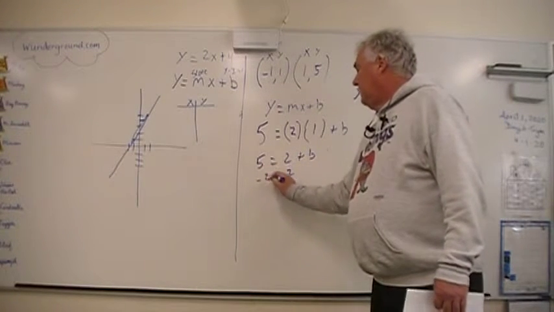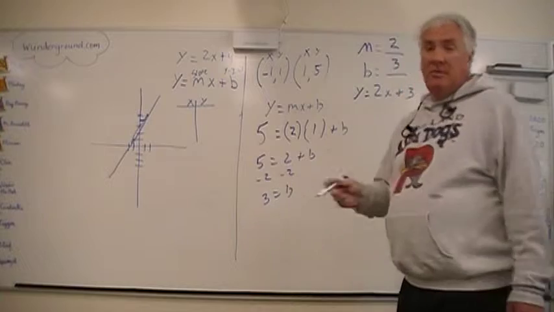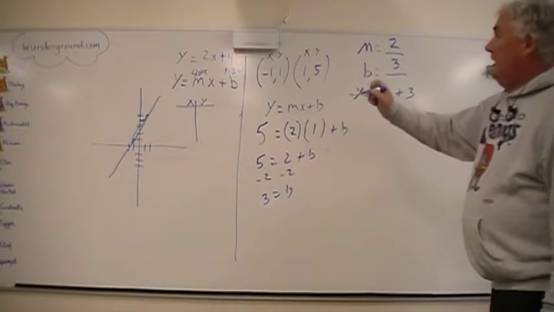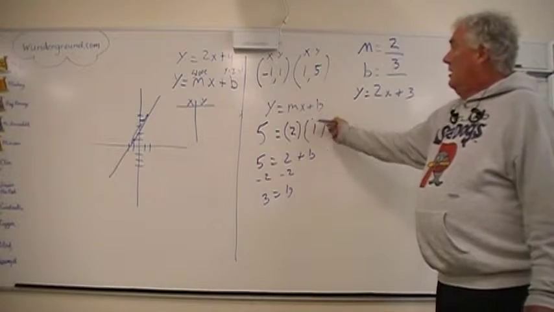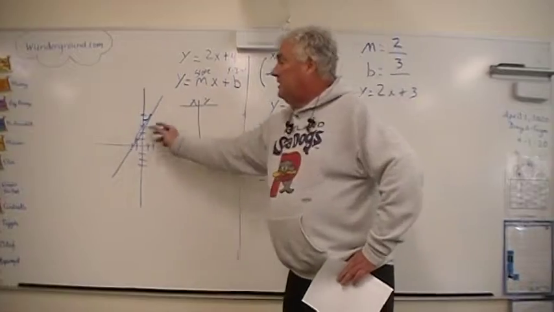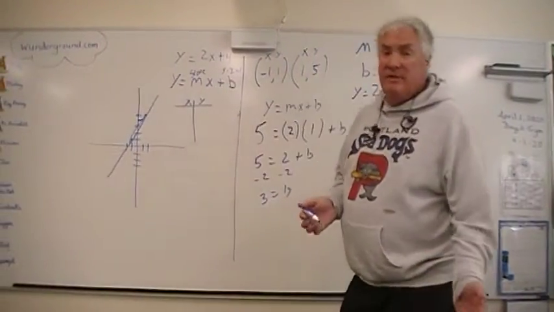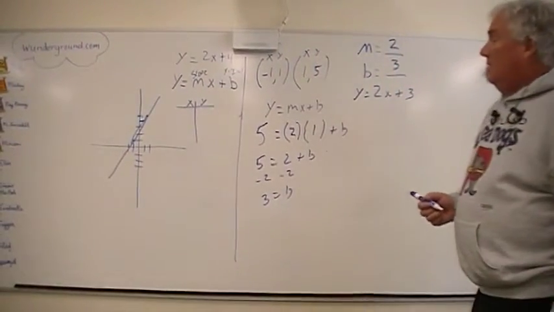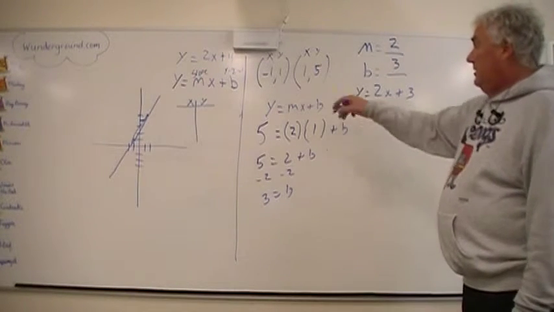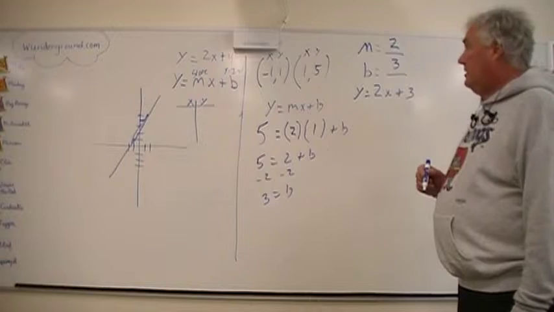Minus 2, minus 2. B is equal to 3. You could have used either point along with the slope, because both points are on this line. You could use any point that fits on this line to actually do the substitution and get the y-intercept.